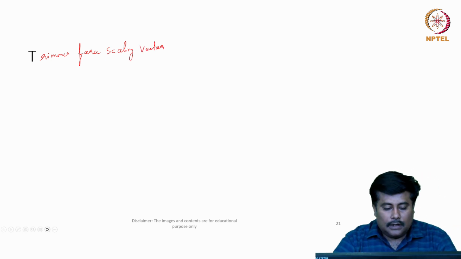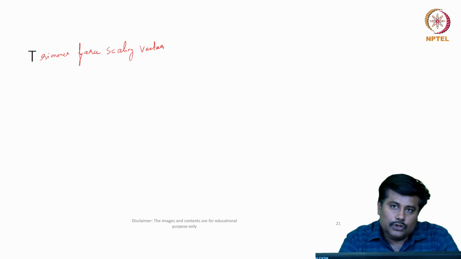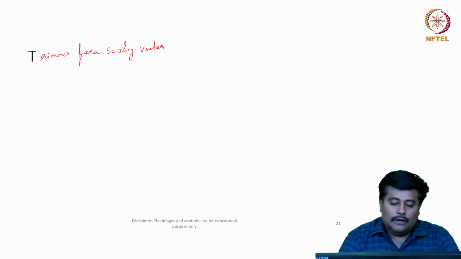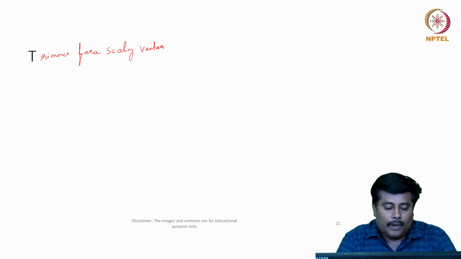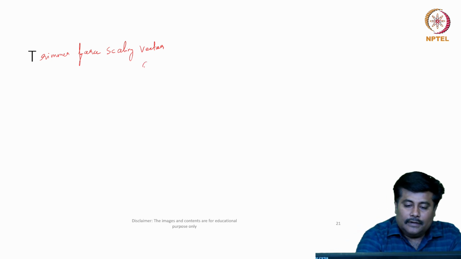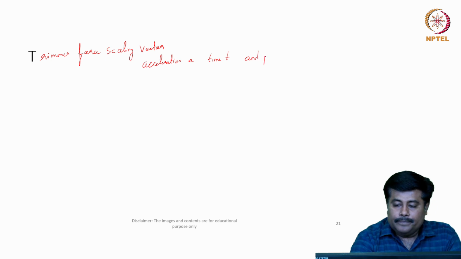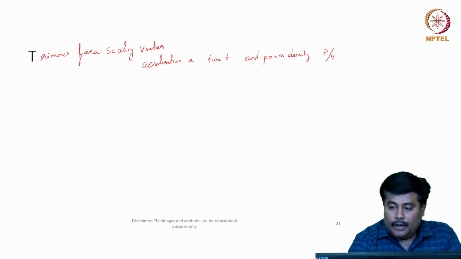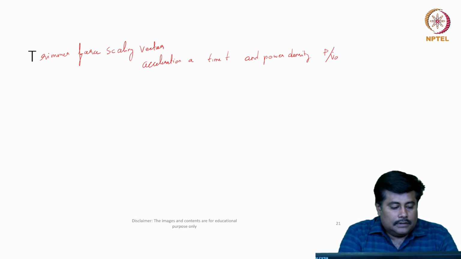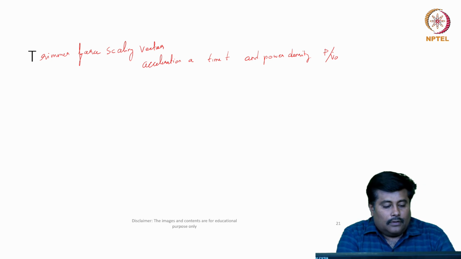So, the trimmer force is a proposed unique matrix to represent four scaling related parameters for acceleration, which we can represent as A, time, T, and power density, P by V naught. That is required for scaling of the system in rotation.